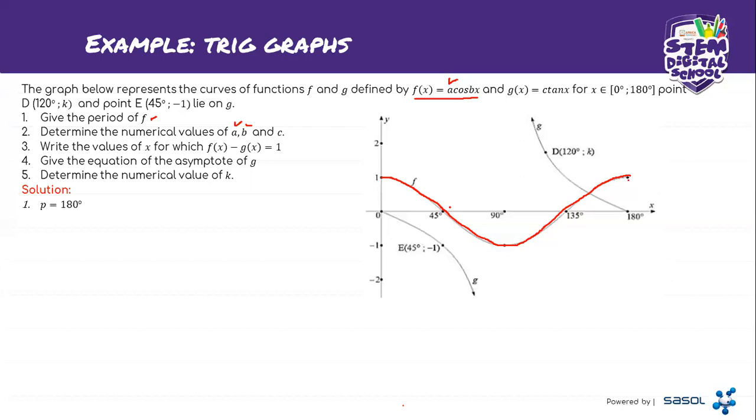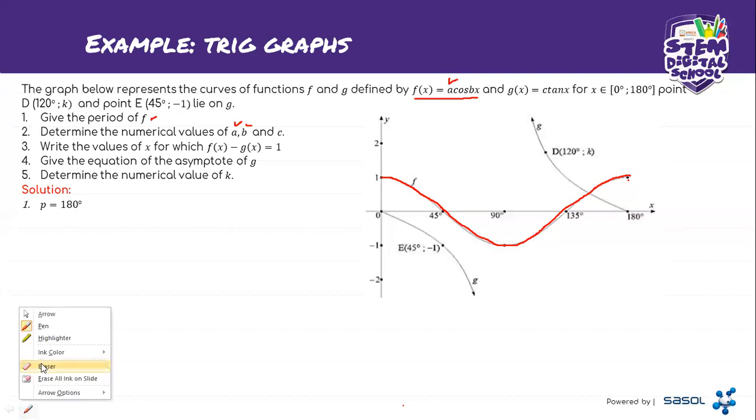How do we determine the amplitude? Remember, the amplitude is the height from the center line of the graph to the maximum or minimum. If we can find the amplitude of this graph, then we will be determining the value of a.